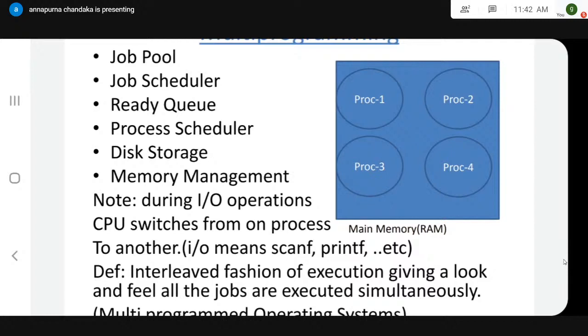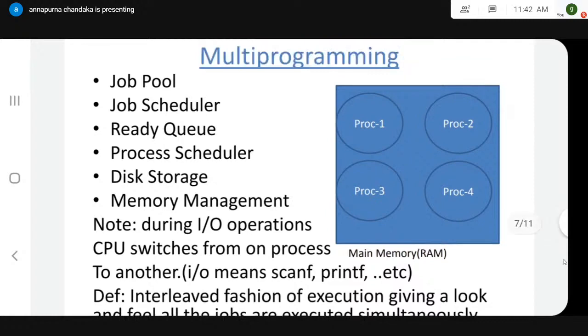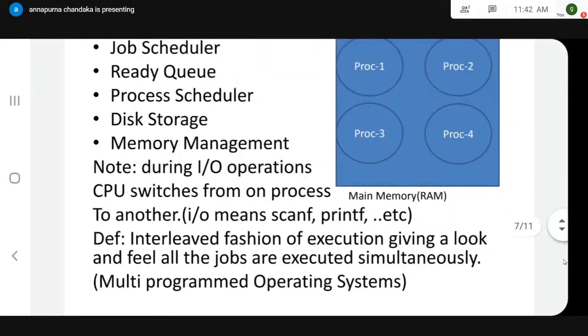How can I decide high priority? These priorities are kept in the interrupt vector table. At present you don't know what an interrupt vector table is; we'll see it at a later stage. In the process table, each and every process has some priority, so I need to see the priority of each process and decide which process has to be executed first.